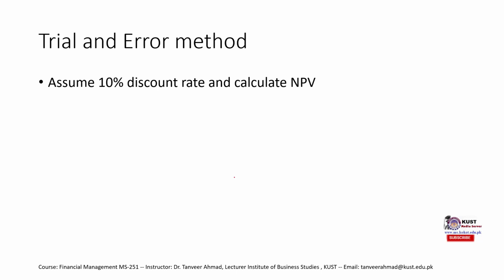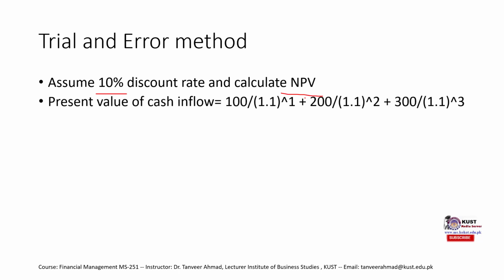It is not mandatory that we would always assume a 10% discount rate, but in this case we are going to assume 10%. So assume a 10% discount rate and calculate NPV. We already know how to calculate NPV. We find the present value of cash inflows, because NPV is present value of cash inflows minus present value of cash outflows.